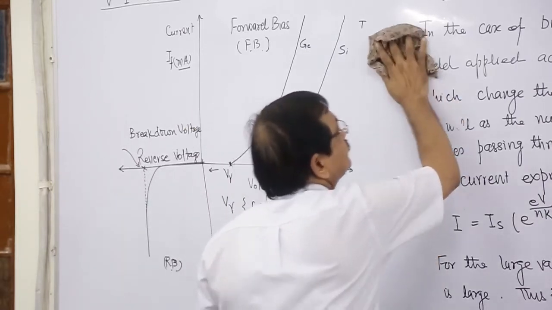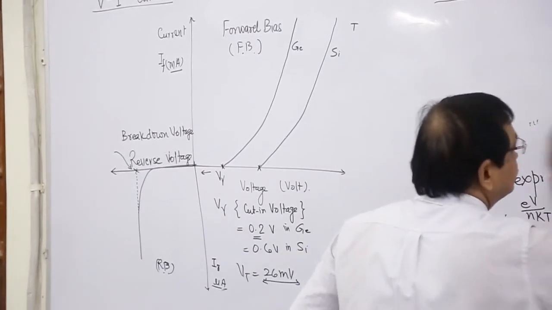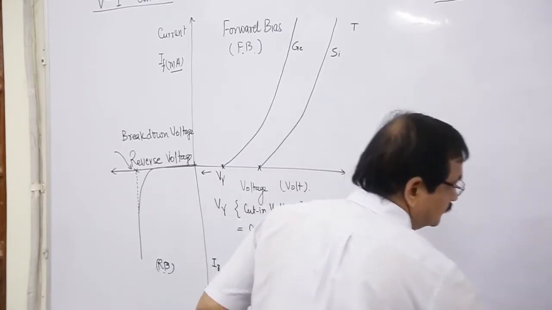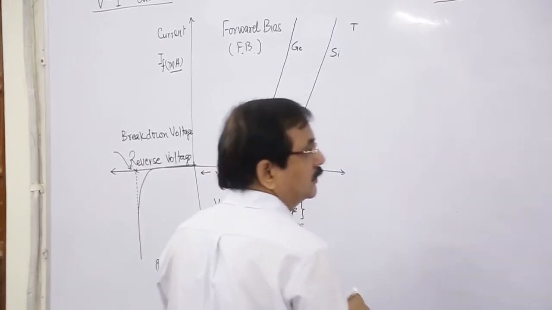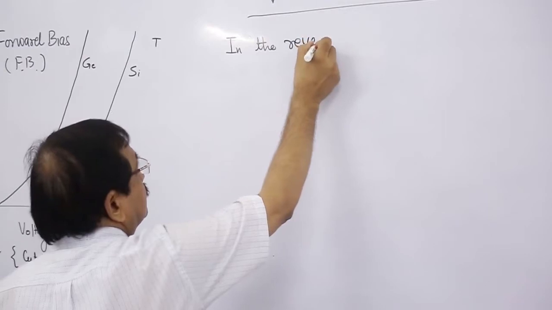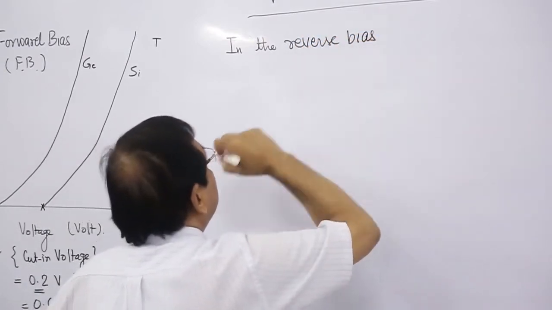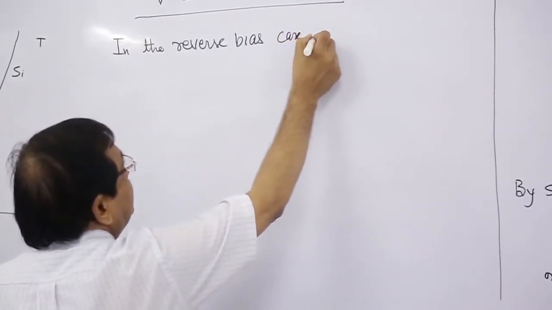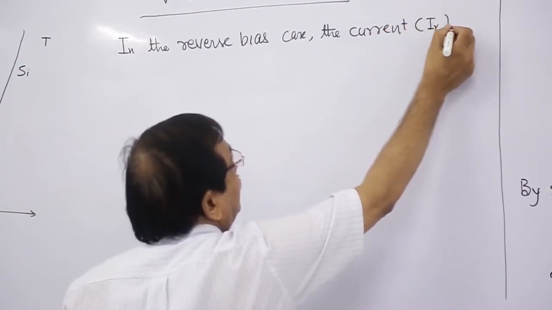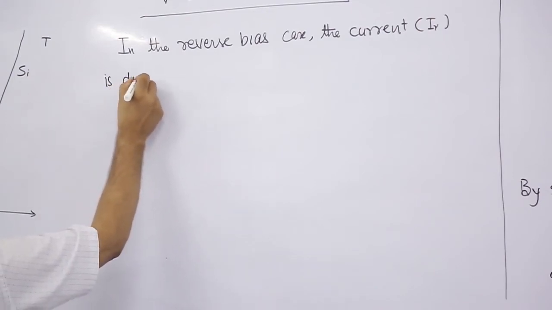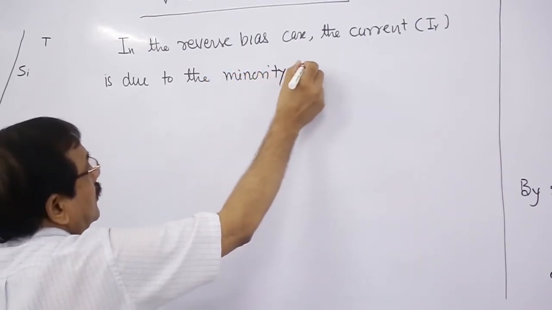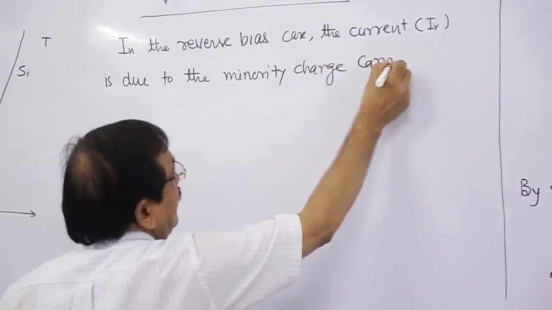Now, in the reverse bias case, the current IR is due to the minority charge carriers.